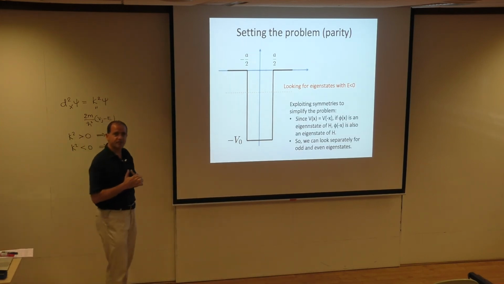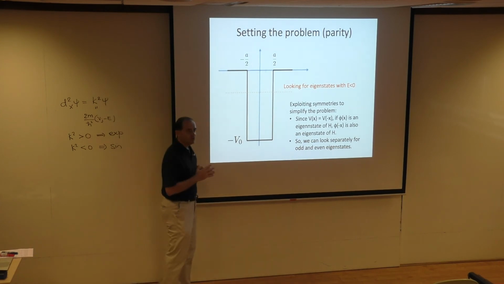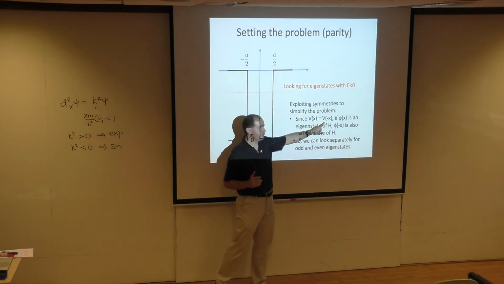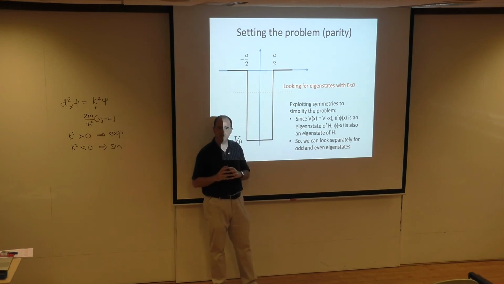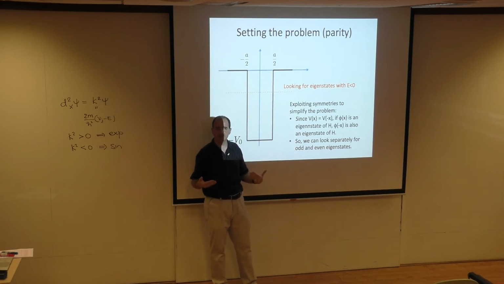Now, if we exploit the symmetry, we can simplify the problem. Since the potential is symmetric under the change of V of x into V of minus x, if we find a solution phi of x of some shape, the solution phi of minus x is also going to be an eigenstate. So two linearly independent eigenstates.